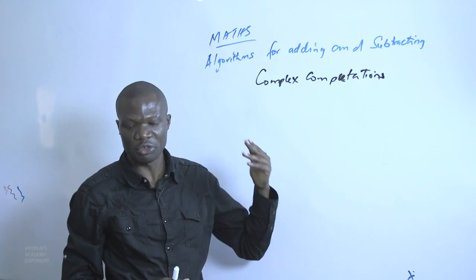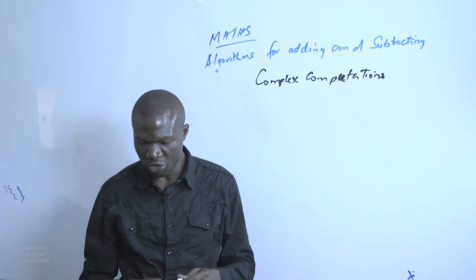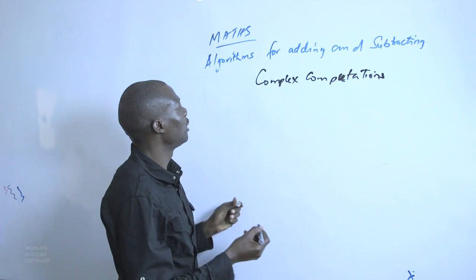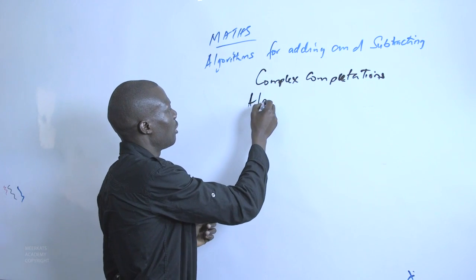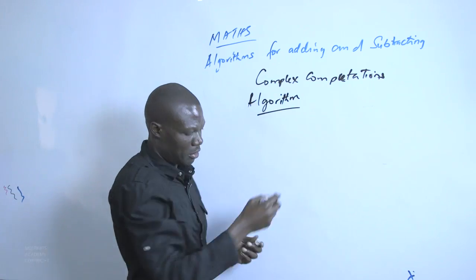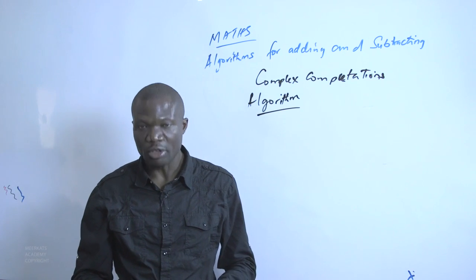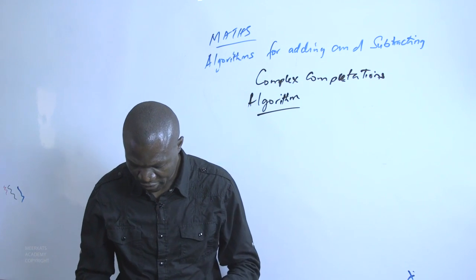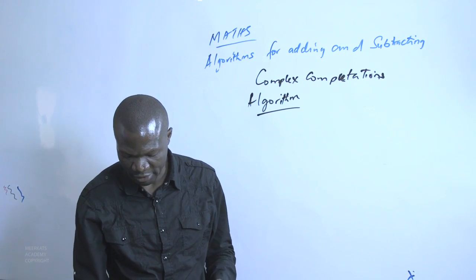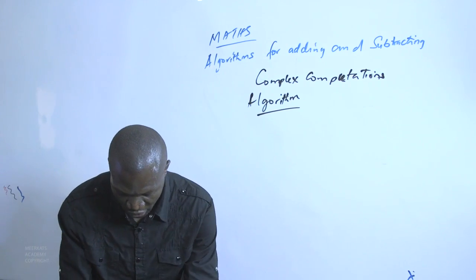When you involve steps as you go about finding an answer, that process is what we call an algorithm. The procedure of involving steps to give us the answer is called an algorithm.